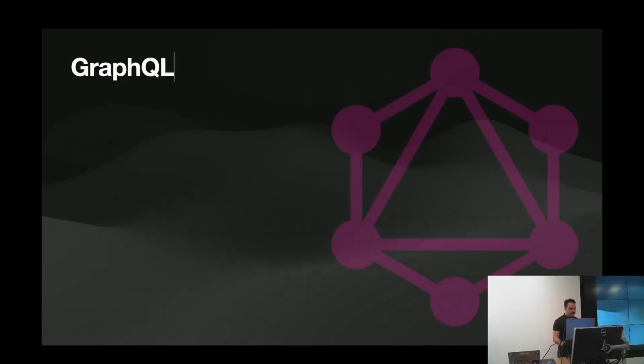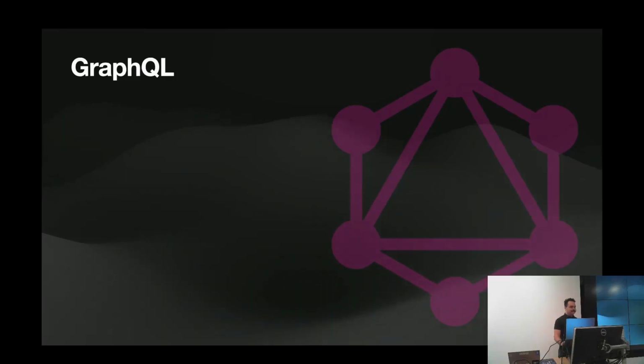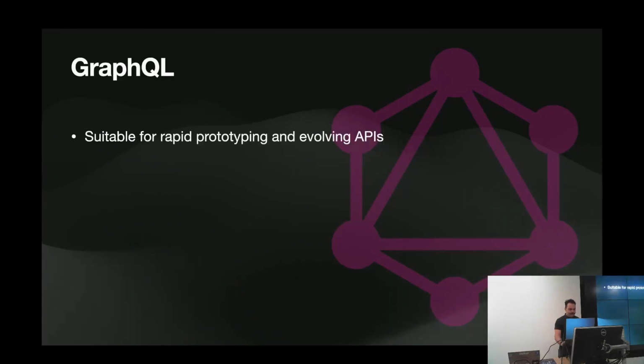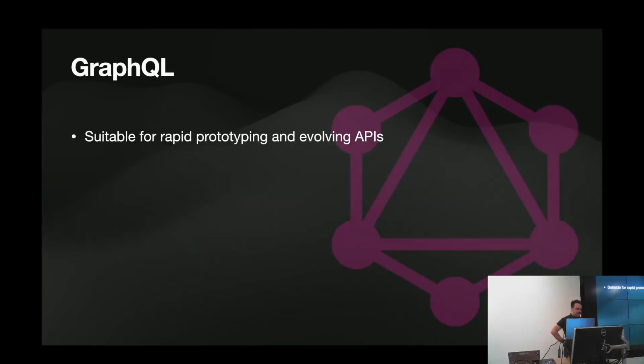So let's talk a little bit about GraphQL. How many people have used GraphQL before? That's pretty cool. So I find that GraphQL is suitable for rapid prototyping and evolving APIs more than REST is, because when you're evolving and building a REST API over time, what you start finding is you have to start drastically restructuring your API to support new and different use cases.